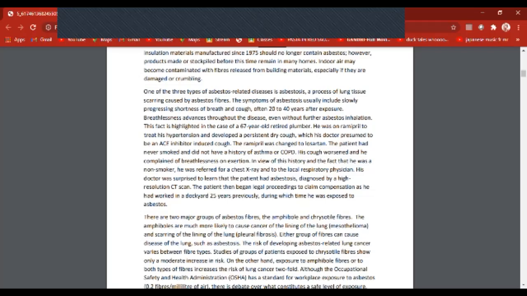His doctor was surprised to learn that the patient had asbestosis, diagnosed by a high-resolution CT scan. Only by a high-resolution CT scan could they know. The patient then began legal proceedings to claim compensation as he had worked in a dockyard 25 years previously, during which time he was exposed to asbestos.